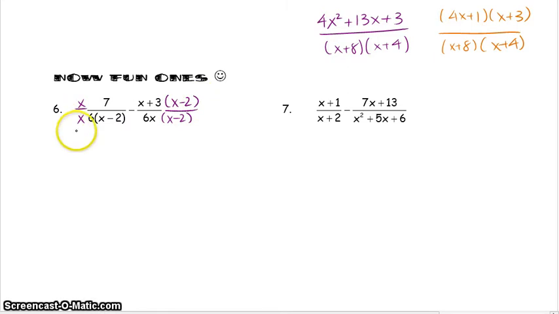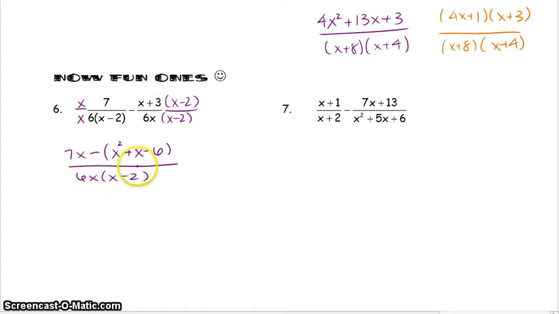Okay, so let's multiply this whole thing out, and be careful here because we have a negative. On the numerator, on the top, we would have 7x, and we have a minus, and I'm just going to put parentheses around what we multiply this out to. This becomes x squared plus x minus 6, and that's all over 6x times x minus 2.